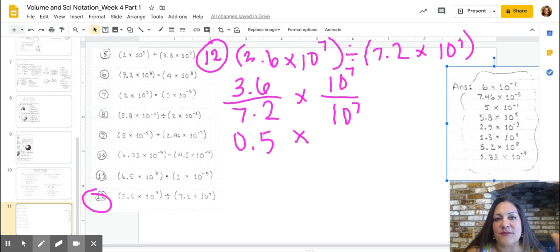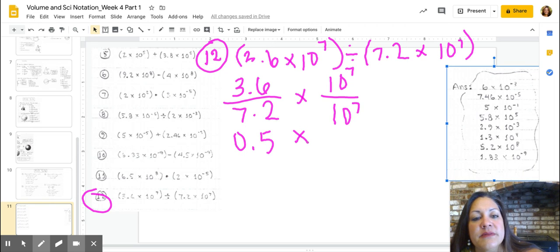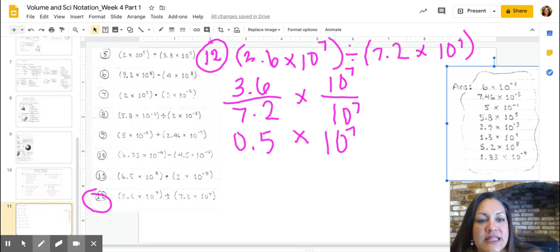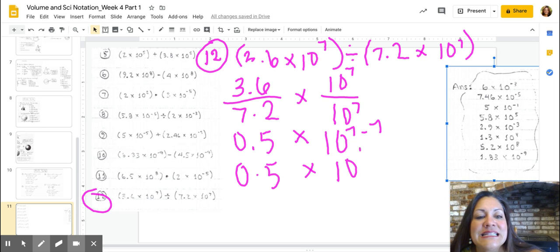The other way, if you're doing it with scientific notation, it would be 10 to the 7th minus 7. So let's show that. 10 to the 7th minus 7, which is going to be 0.5 times 10 to the 0. Okay, but here's what I want to do. So easily that could be 1, right? We know that any number to the power of 0 is 1.